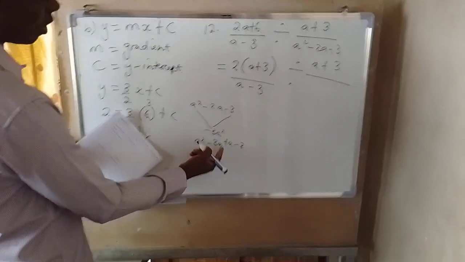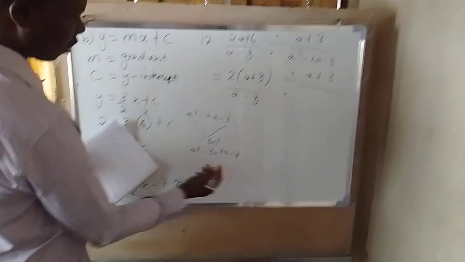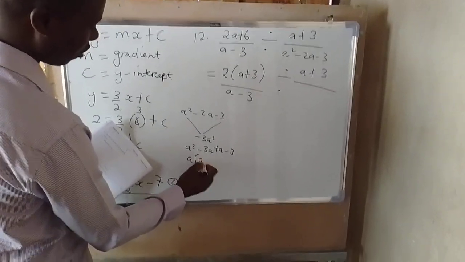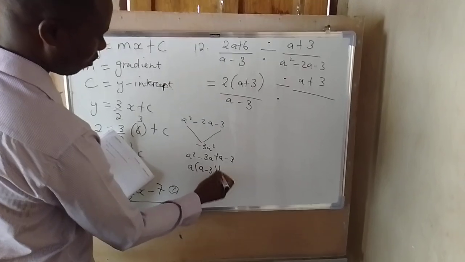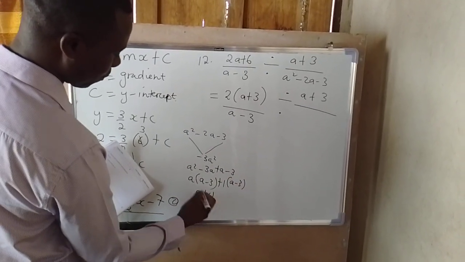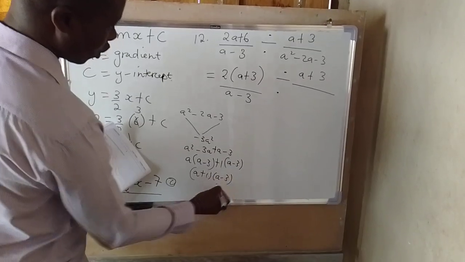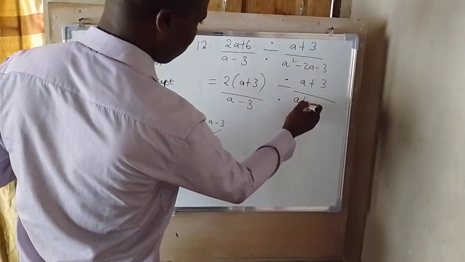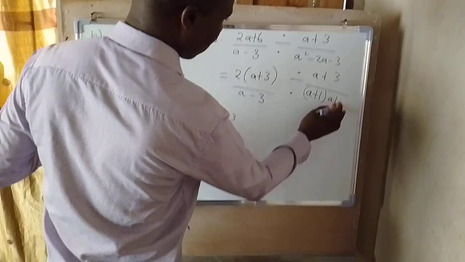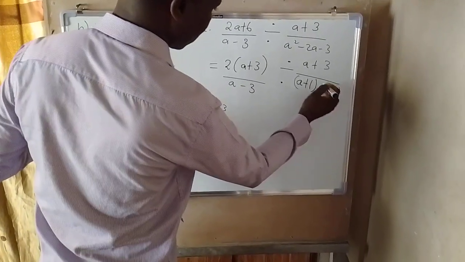If you say minus 3a plus a, you get minus 2a. So we factorize these two terms and these two terms. This one common factor is a, we have a minus 3. Then here we have plus 1, still we have a minus 3. So it's a plus 1, a minus 3.